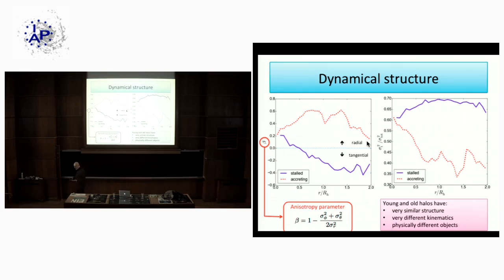In the normal accreting halos, the accretion is mainly on radial orbits along the filaments, while when a halo is stalled, what the matter really does is first flow onto the filaments, start orbiting in the plane perpendicular to the filament, and somehow some of this material manages to spiral down to the center of the halo, and so all the matter that flows onto the stalled halos arrives on tangential orbits. And this remains all the way to radii of order 10% of the virial radius.